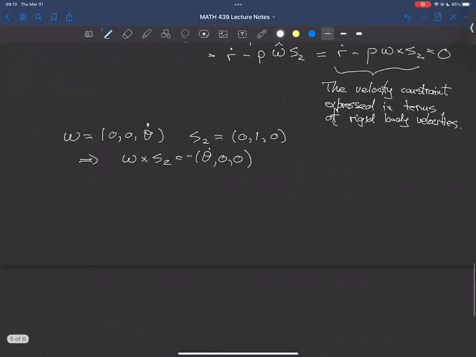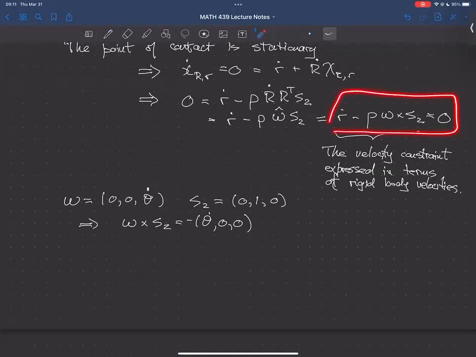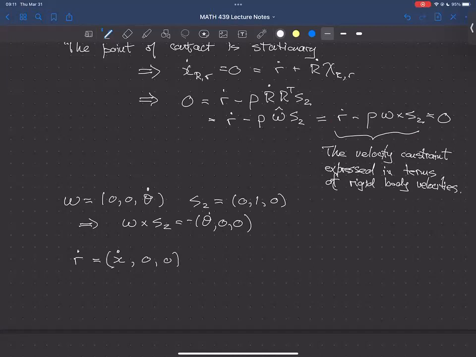Now we're going to take that expression and write it as a constraint on the coordinate velocities. So r dot is equal to (x dot, 0, 0), because r is (x, rho, 0), so x dot is that.